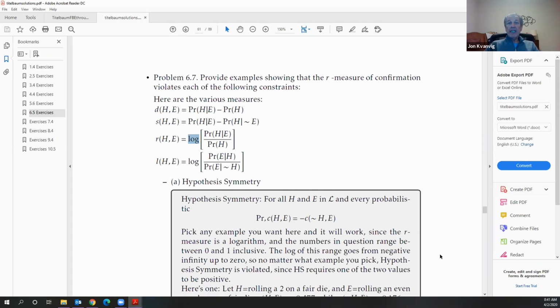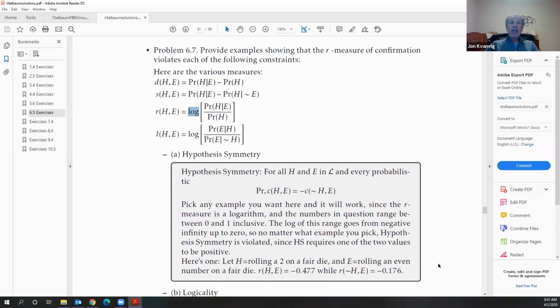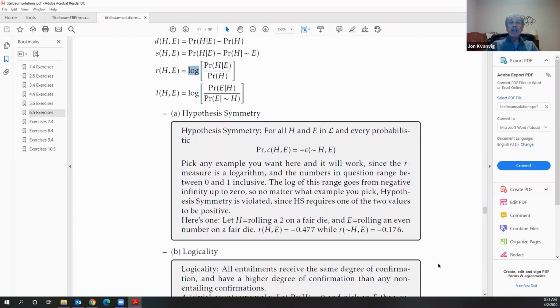So pick any example you want. Here's one. Let H be rolling a 2 on a fair die and E be rolling an even number on a fair die. Then the ratios turn out to be negative 0.477 for the confirmation claim and negative 0.176 for the disconfirmation claim. Okay, so that was very simple to show that it violates hypothesis symmetry.